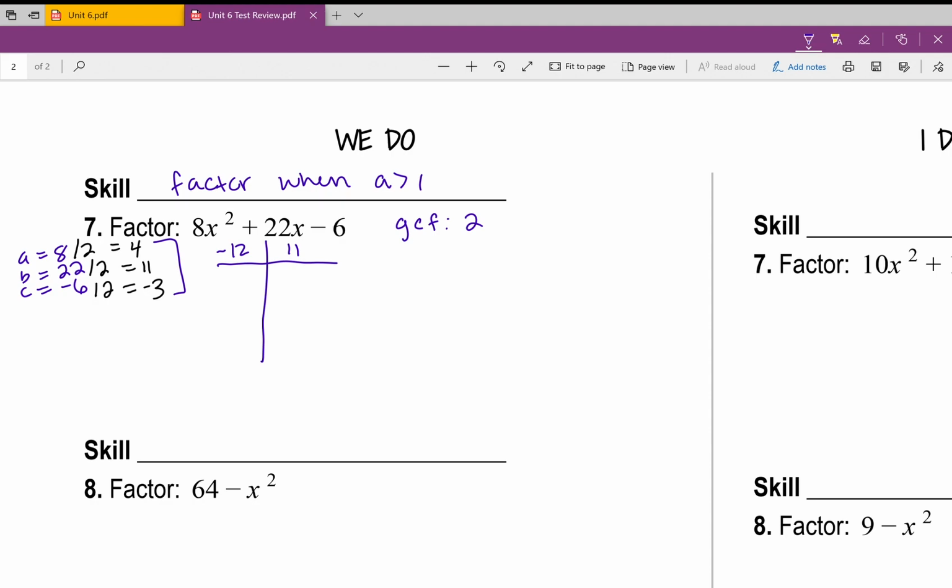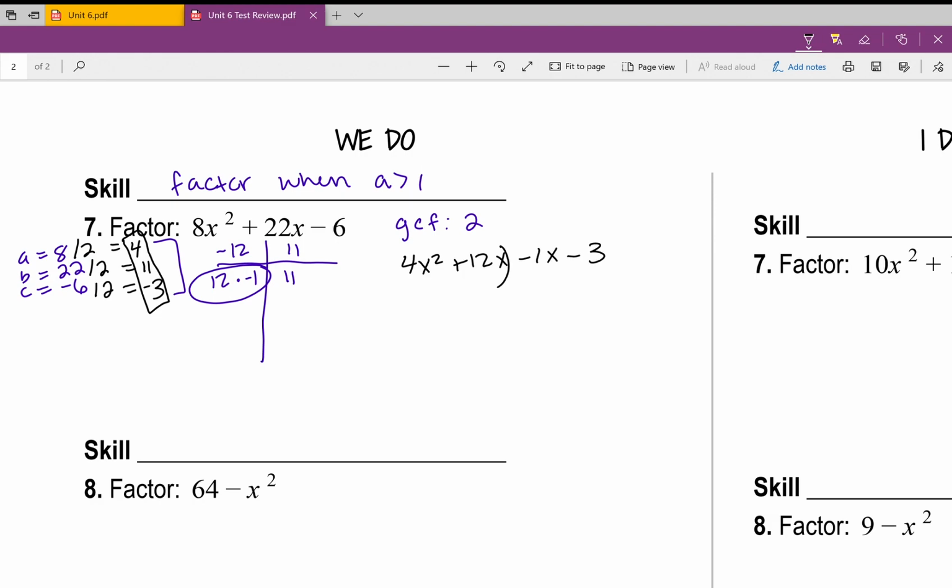So 2 numbers that multiply to negative 12 but add to 11 would be 12 and negative 1, because 12 plus negative 1 is 11. So right here. So then I'm going to rewrite my problem. Remember, using these terms over here, that's what I simplified them from. So 4x squared plus 12x minus x minus 3.